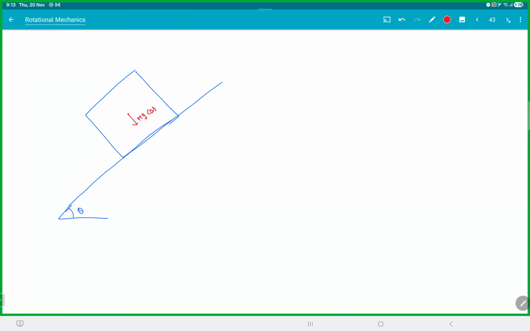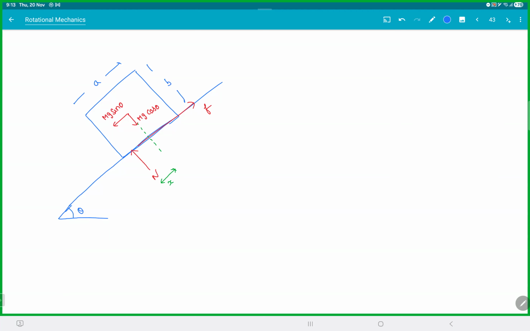I'll divide mg into components, mg cos theta, mg sin theta. The normal will be somewhere here. Friction will be somewhere here. Let this distance be x. Getting it? I am keeping it as simple as possible. This distance is a. This distance is b.